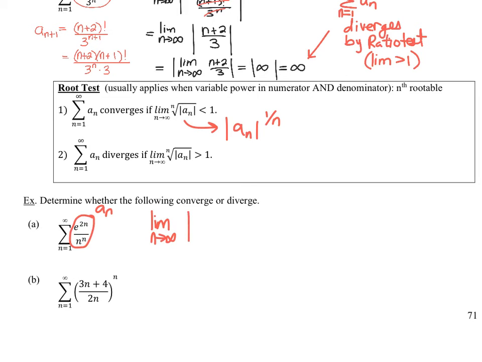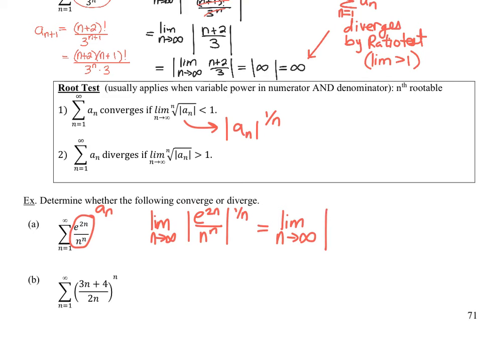So we're looking at e to the 2n over n to the n, raised to the 1/nth power. One of the properties of exponents tells us that if you have a power to a power, you're going to multiply the powers.